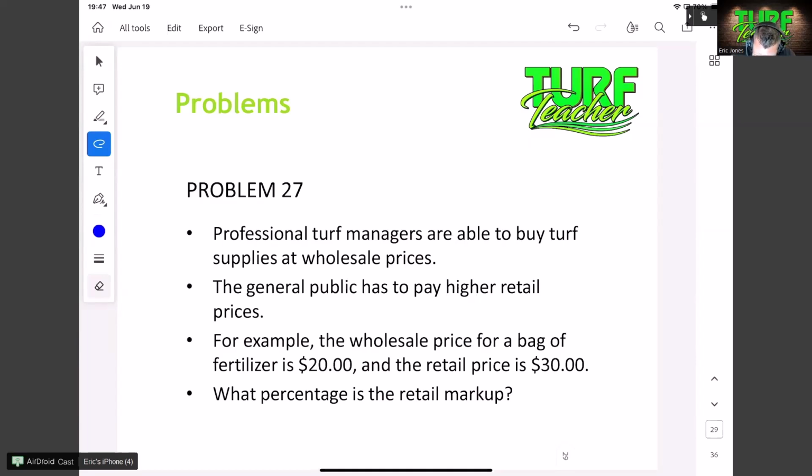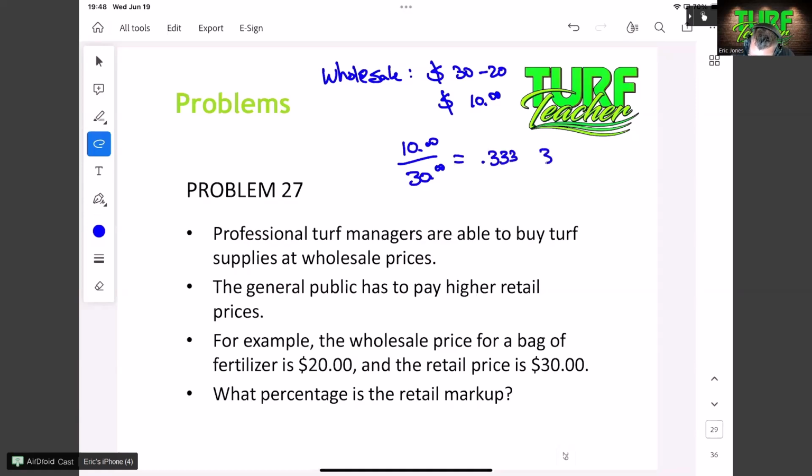So wholesale, $30 minus 20. So it is $10 more. $10 divided by the 30 of the retail is 0.333. It is a 33 1/3% markup.